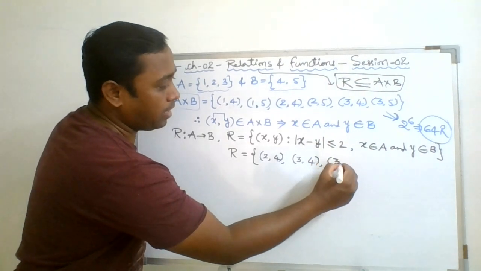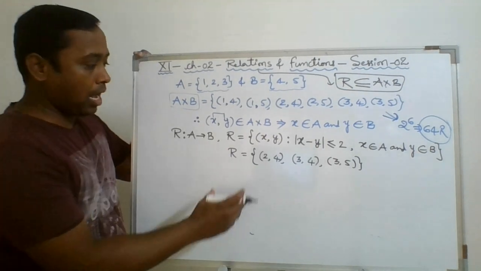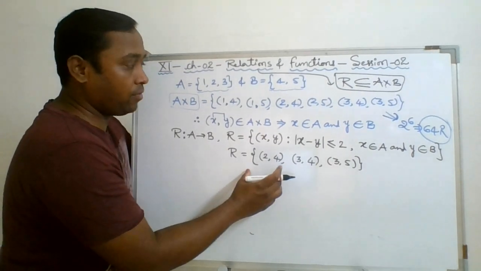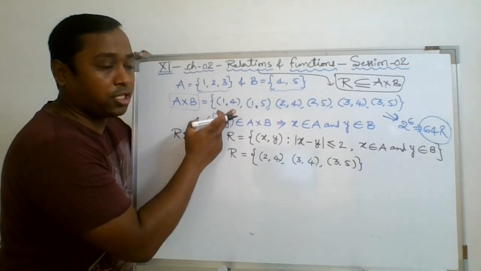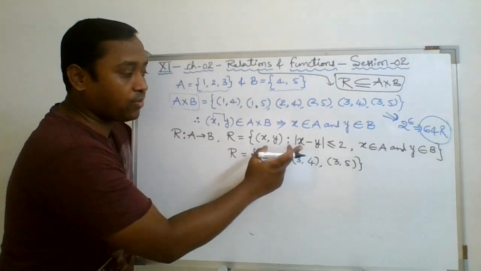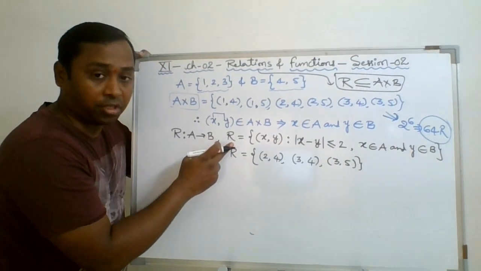Even 3 comma 5 will also be counted. So we have just picked only those ordered pairs from the Cartesian product which satisfy the given condition. That is called a relation.